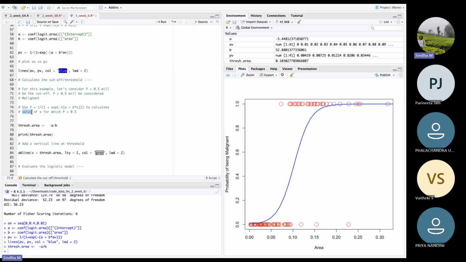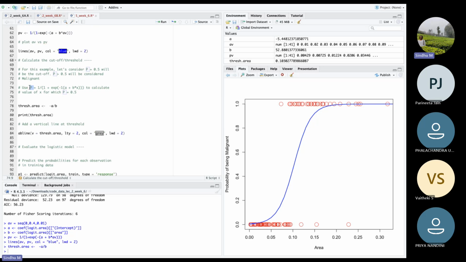So this p-value is 0.5, and we can put it here. When you put p equal to 0.5 here, we have to find what x is. When p is equal to 0.5, this x would be the threshold area, right? That will be minus a by b if you simplify this.